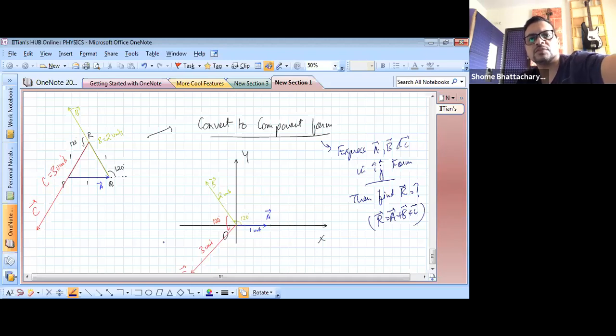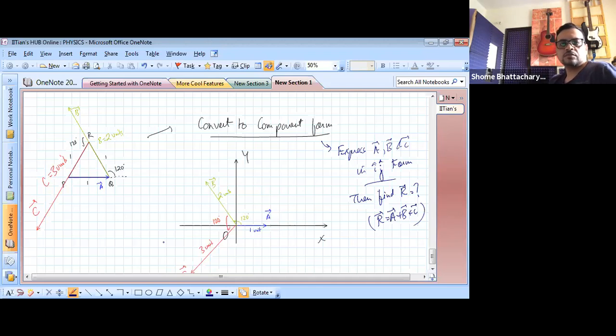Okay, because this is not the only method of solving the question. I'll discuss there are more ways of doing this also. Now this is question number 6 of exercise 1.